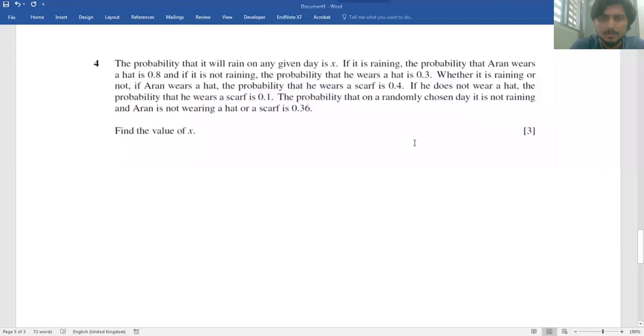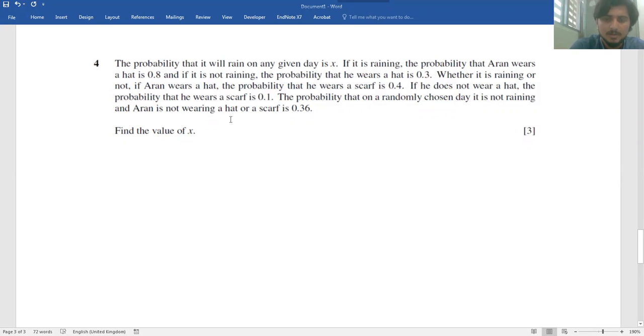Okay, if it is raining, the probability that Aaron wears a hat is 0.8. Not raining, he wears a hat is 0.3. So this one will be 0.2, and this is 0.7. Again, this tree is just for our own understanding.